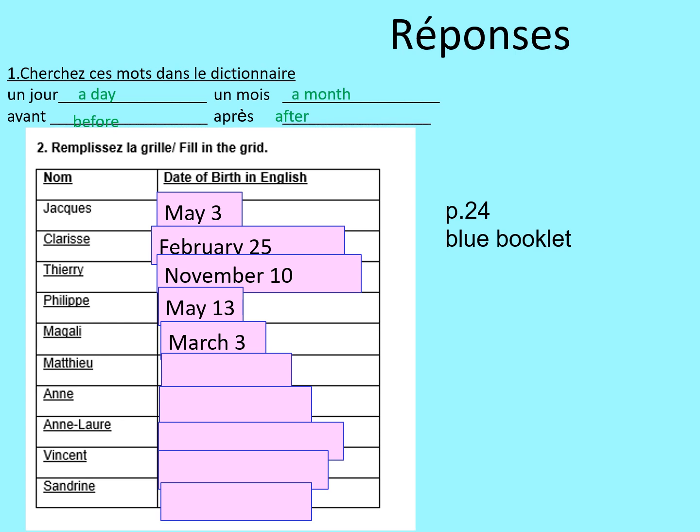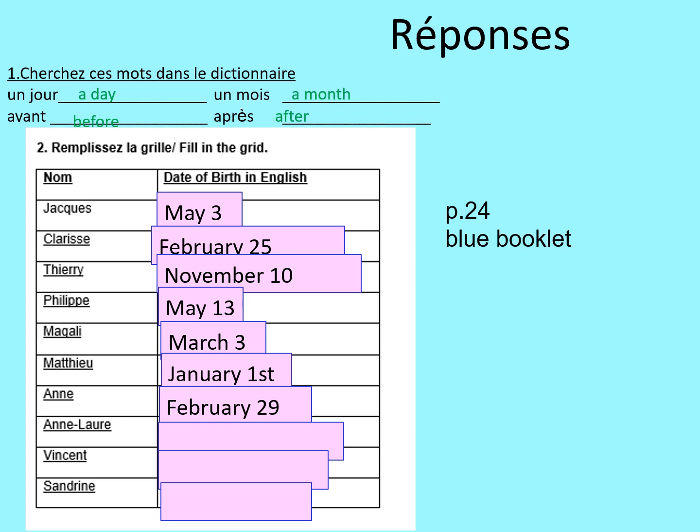So Mathieu, his birthday is on the 1st of January, and as he tells us, his sister Anne has a birthday on February the 29th, which is kind of rare.